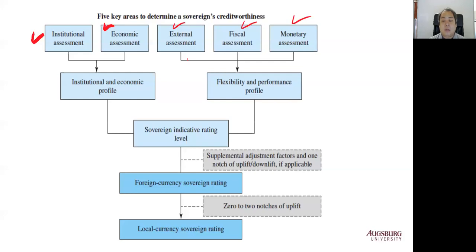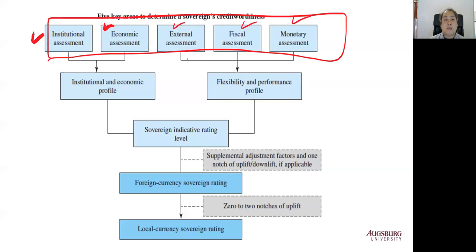So they evaluate the monetary authority, and they want it to support sustainable economic growth and handle major economic or financial shocks. So they evaluate the quality of the monetary policy too. So they evaluate all these 5 assessments, and then they give the foreign debt rating. Okay, so that's how Standard and Poor's does it.